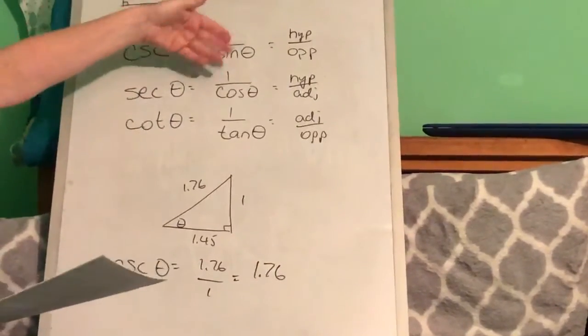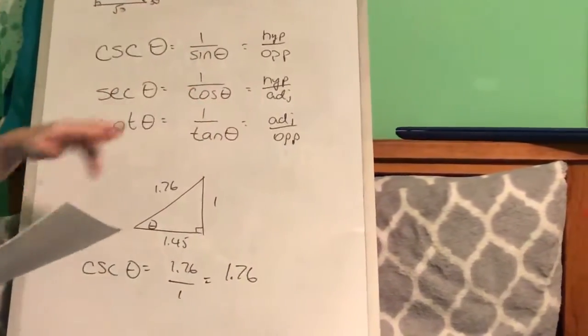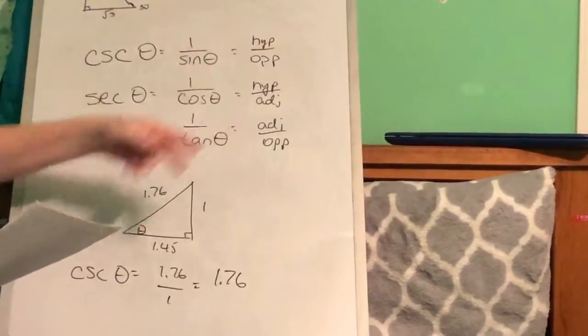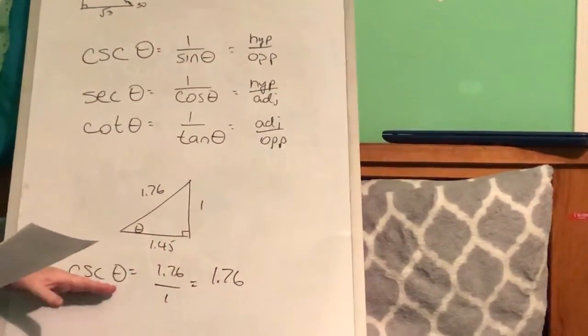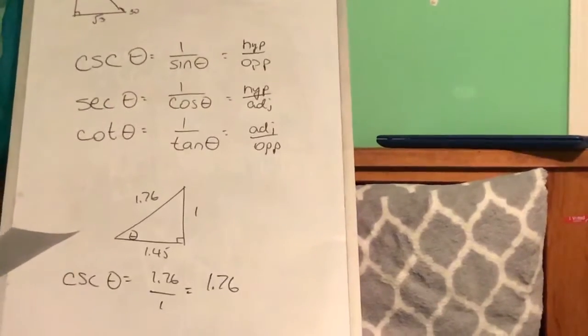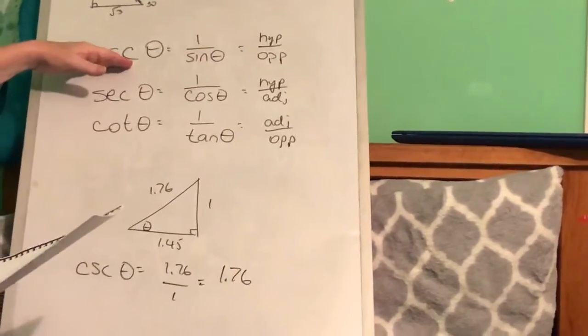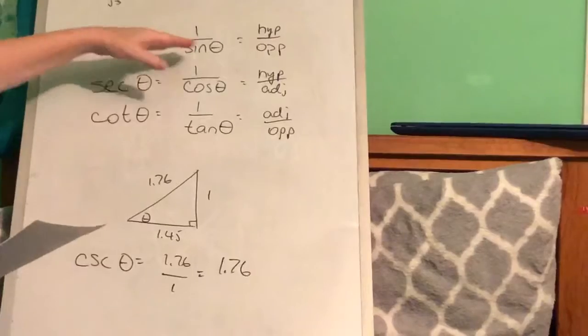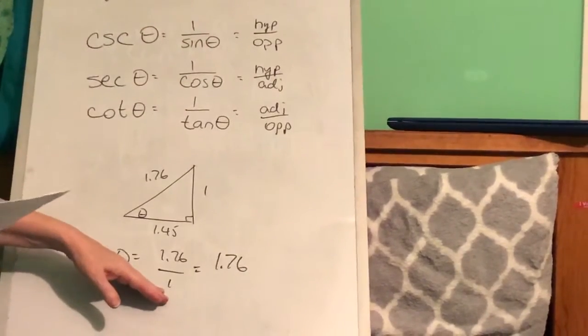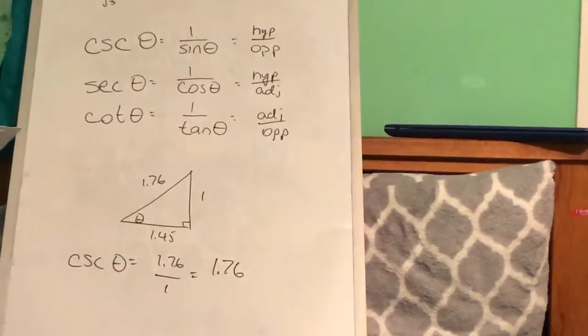So it's just like learning sine, cosine, and tangent all over again, only upside down each time. So just like we did before, only now we could list 6 functions. Cosecant is 1.76 over 1, but the sine would be 1 over 1.76.